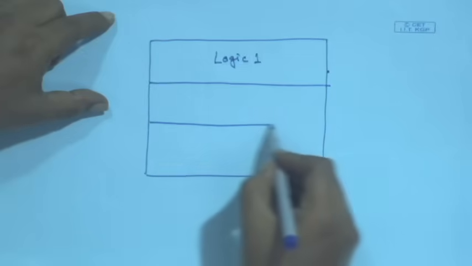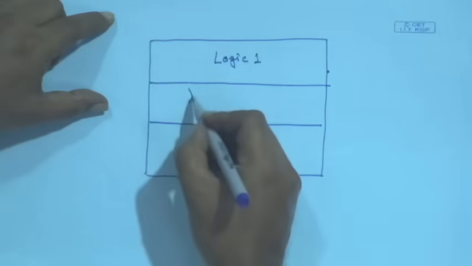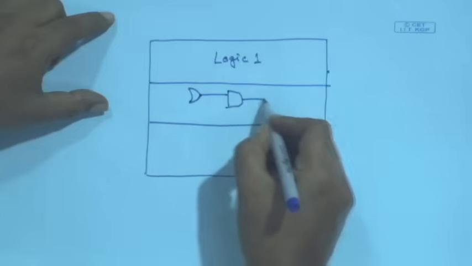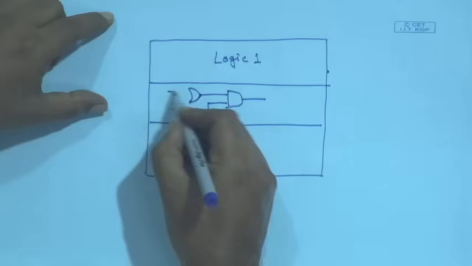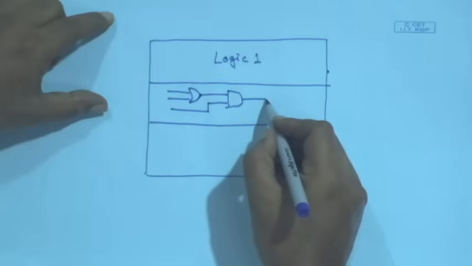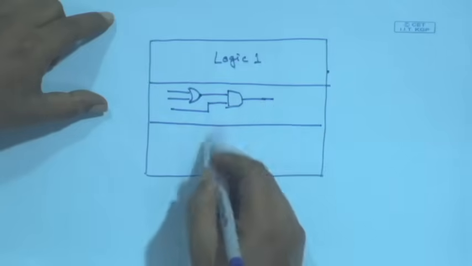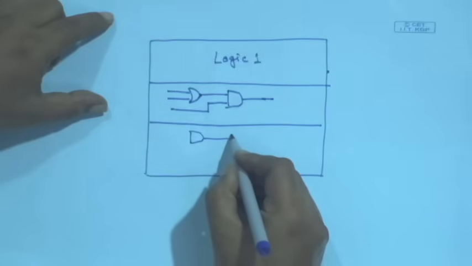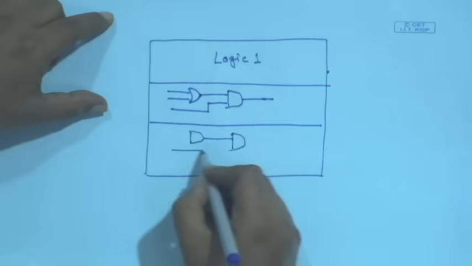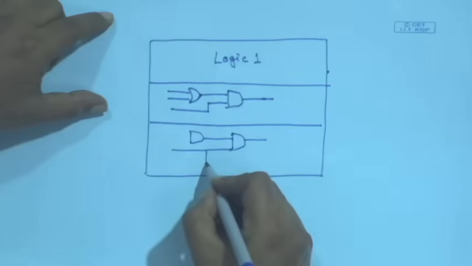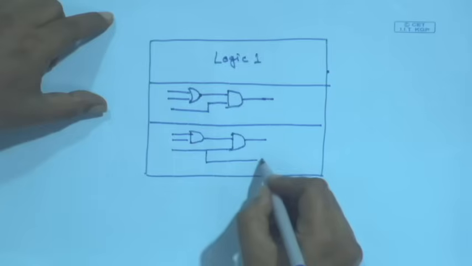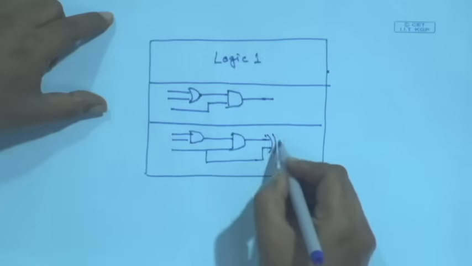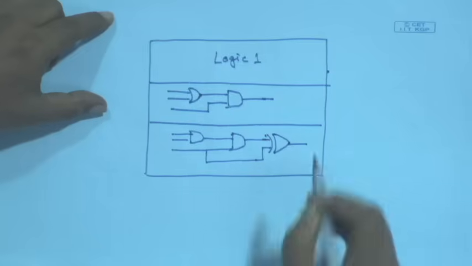This slice may implement another logic, and this slice is implementing another logic, maybe I am implementing an XOR.